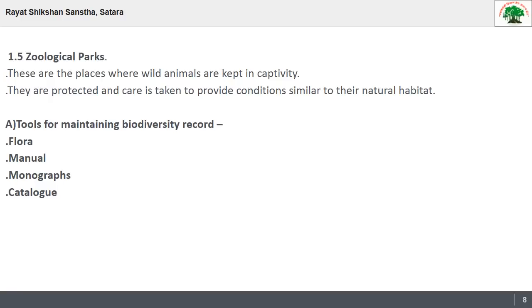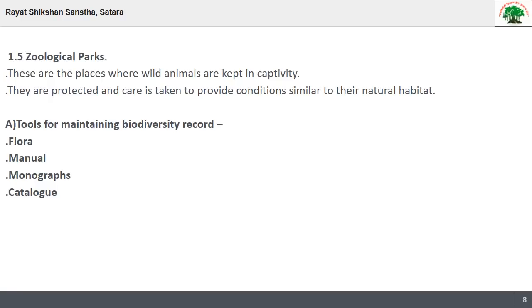The first, flora. Flora is all plants growing in a particular area. So it is regarding plants. Then the second tool is manual. So manual provides us information and keys about species.